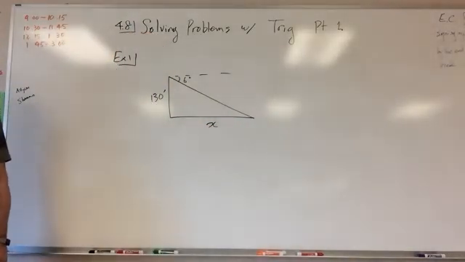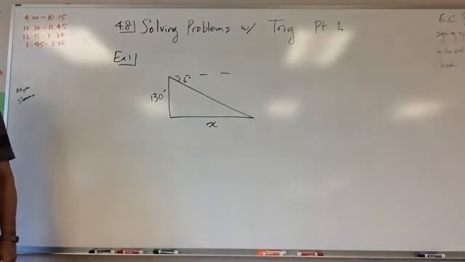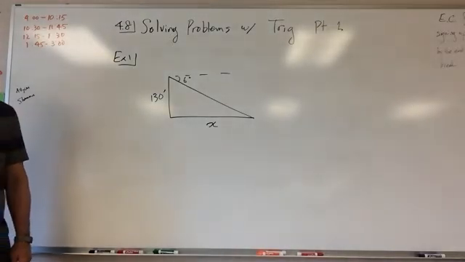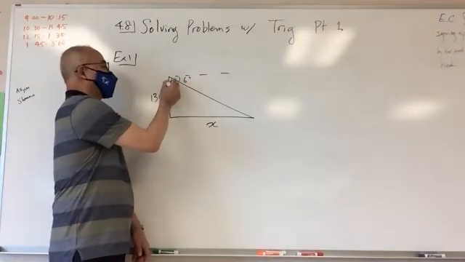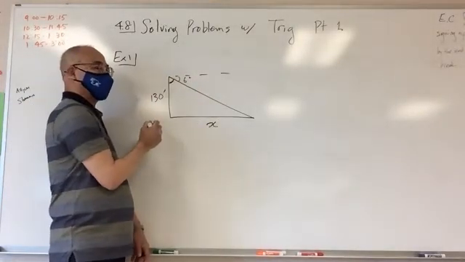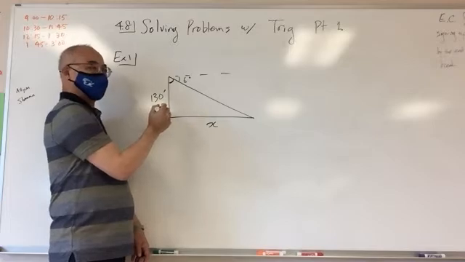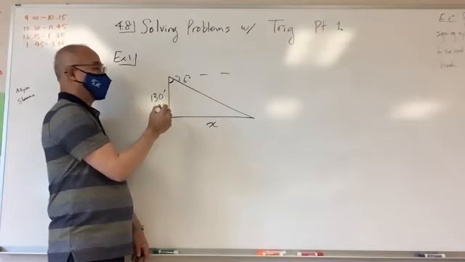Yes? Is it safe to assume that the angle at the very top and 6 degrees is complementary? This angle here? Is it complementary? I don't think so. Why not?